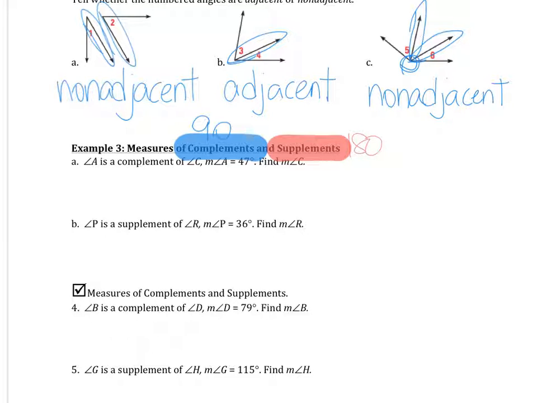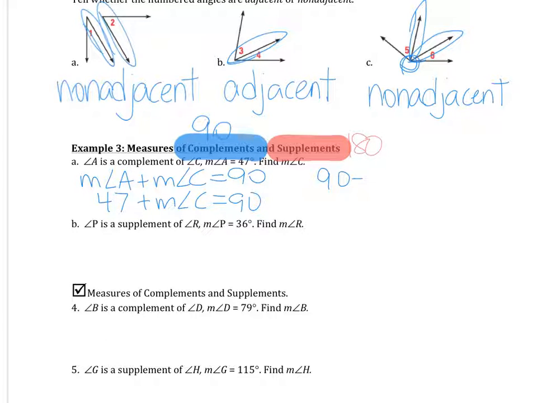So that means that the two angles are going to add up to 90. So if A is 47, the measure of angle C is, subtract 47, 90 minus 47, which is 43.